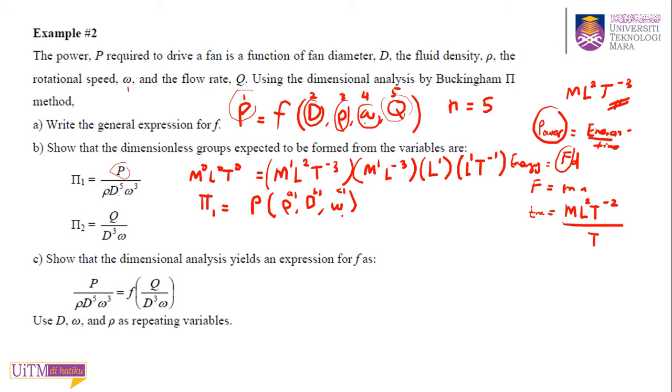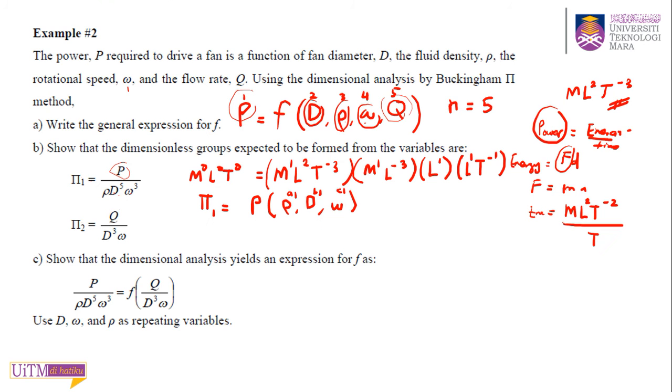Now we can write it here so it is clearer. So pi 1 equals P times rho to the A1, D to the B1 and omega to the C1.